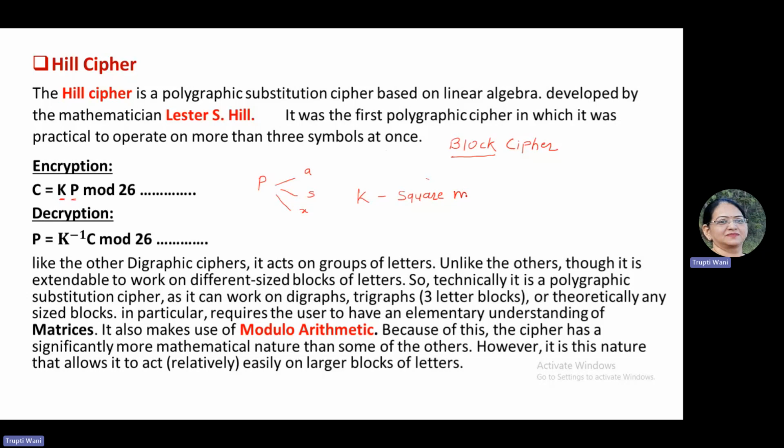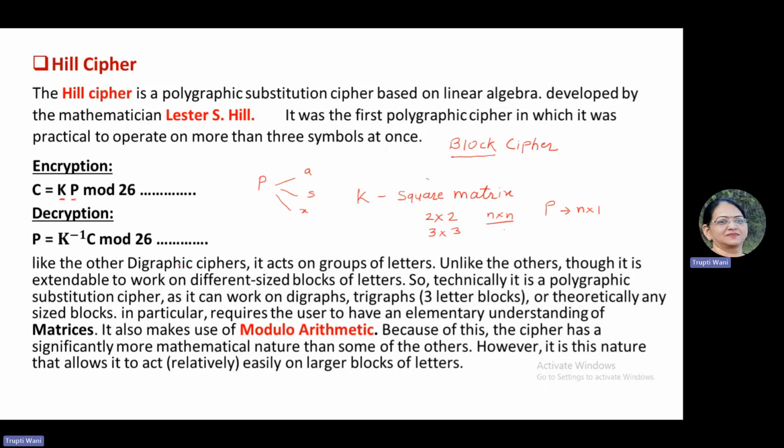Now this square matrix may be 2 by 2, known as the digraph, 3 by 3, that is trigraph, or 4 by 4, it means it should be a square matrix. So if it is n by n, we generally call it an n by n matrix, then the plain text has to be divided in the form of an n by 1 matrix.